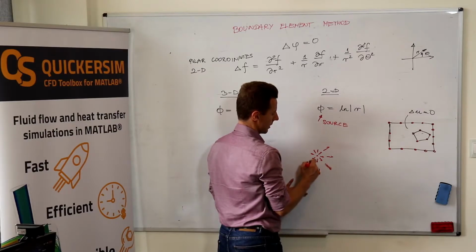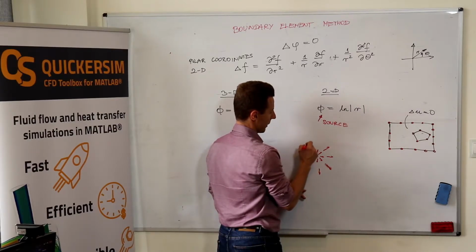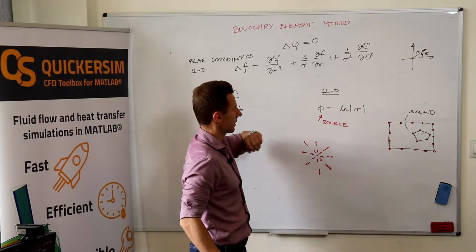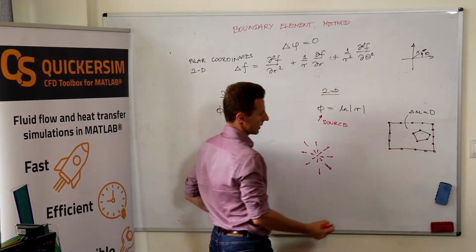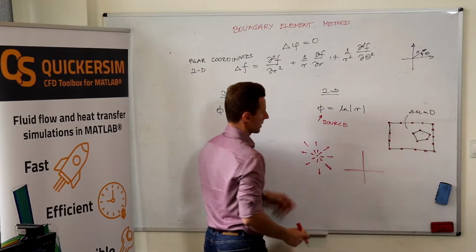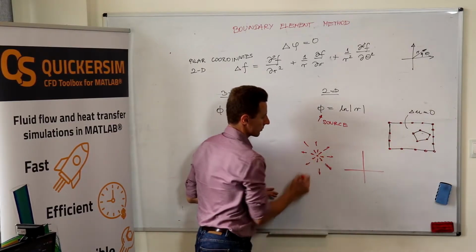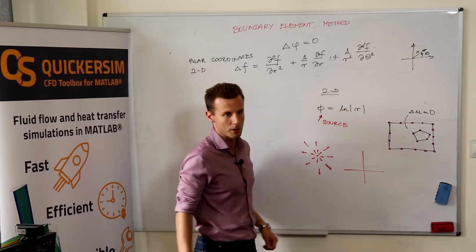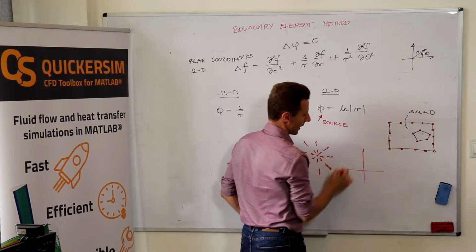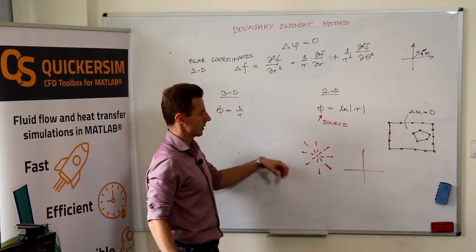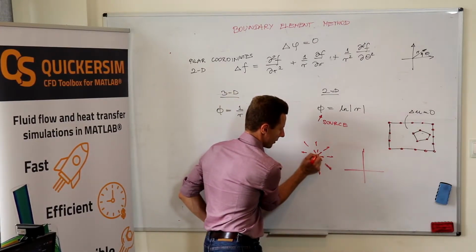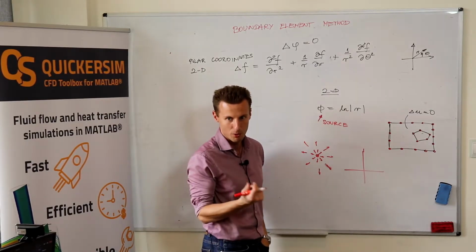radially in all the directions. And why does it satisfy the Laplace equation? Well, it does satisfy the Laplace equation because you would see that if this source is located at point 0, this means that you've got extremely high intensity, extremely high flux here where the circumference is extremely small.